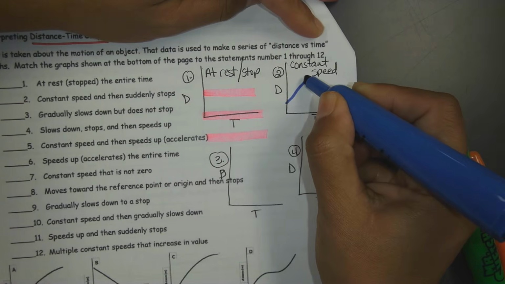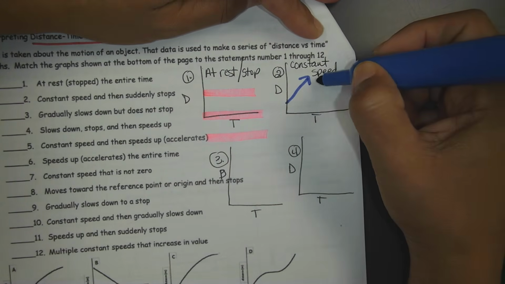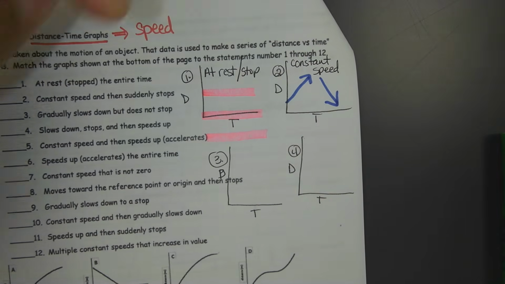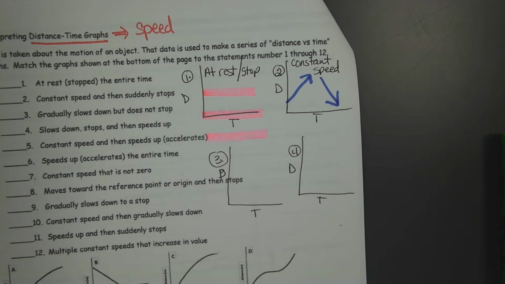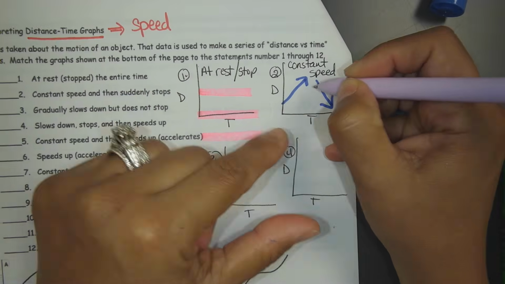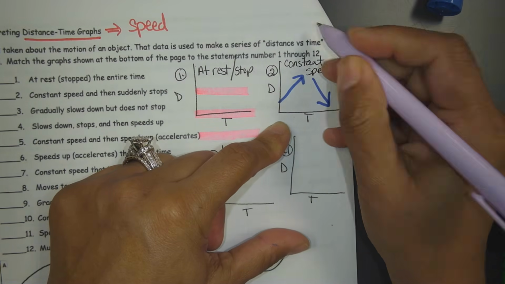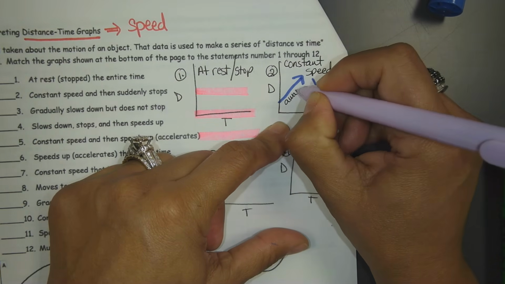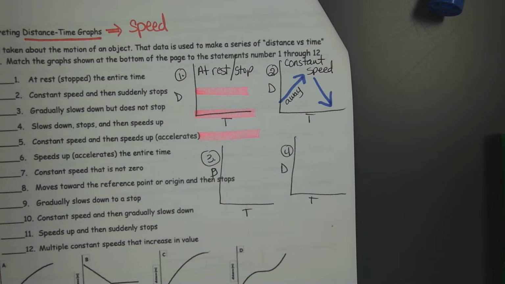It can have an upward slope, or it can have a downward slope, okay? An upward slope or a downward slope. This upward slope tells me that my object's moving at a constant speed away from the origin or away from home. In physics, we say away from the origin. Same thing, away from home.